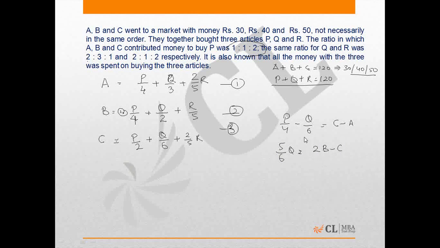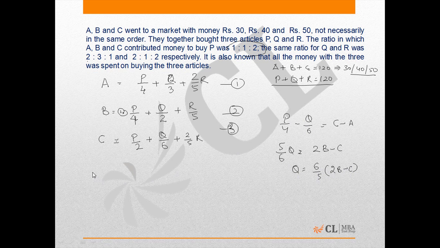So these two equations we have. Now we can shift the value for Q. Q will turn out to be 6 by 5 of 2B minus C, and we can replace the value in equation 1.